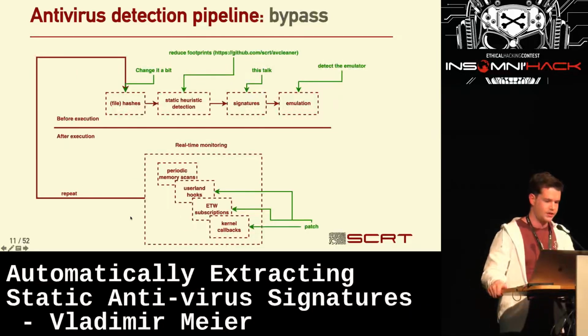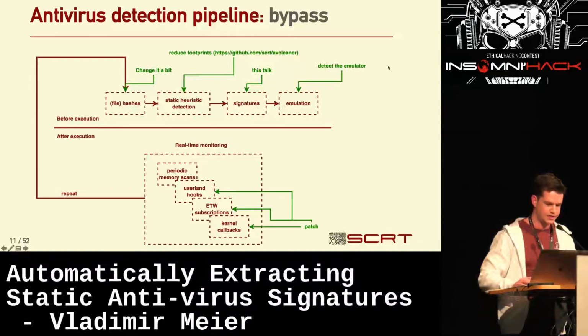Luckily for us, the antivirus have a pipeline of detections, and we can also have a pipeline of antivirus. So for the hashes, you just change it a bit. And for defeating the static heuristic detection, we published some obfuscator that does that. And to defeat the signatures, this is the subject of this talk, so stay with me.